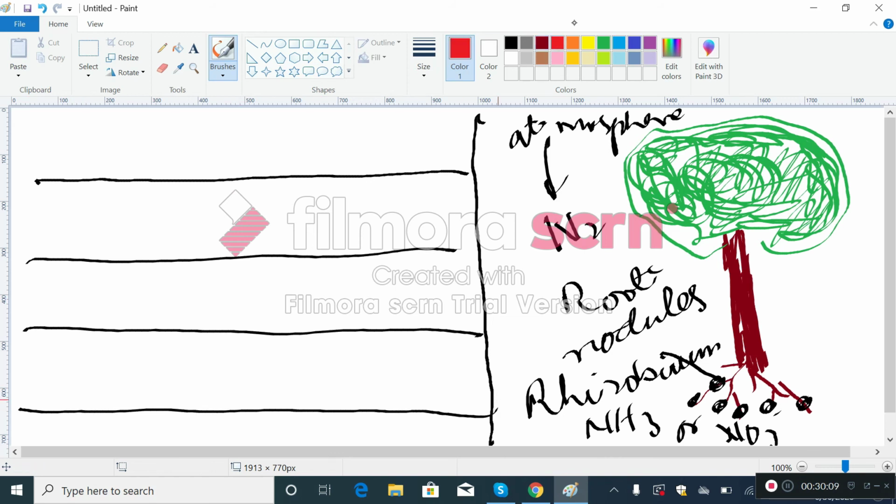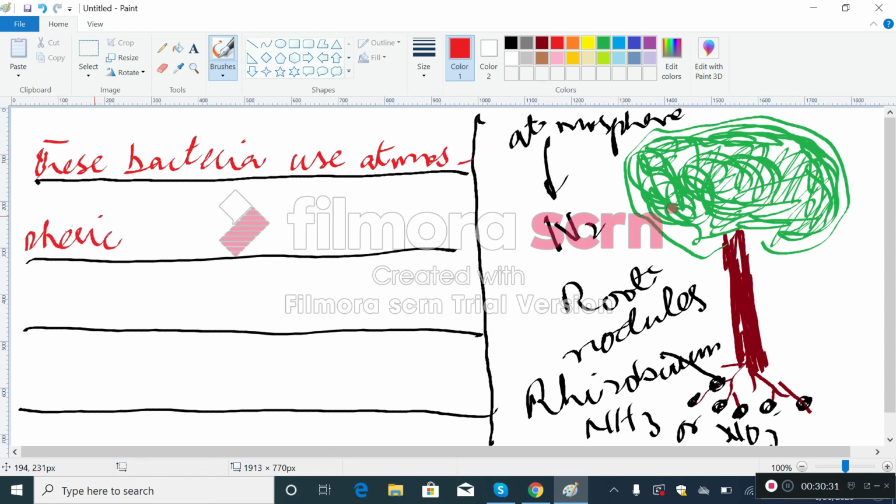In our answer over here, we will write: these bacteria use atmospheric nitrogen to produce ammonia or nitrates.